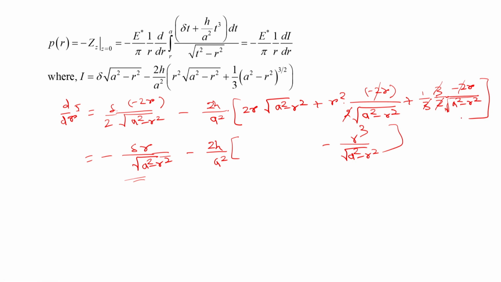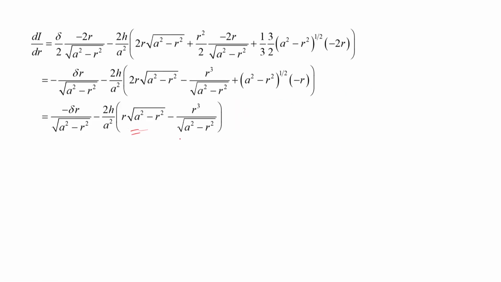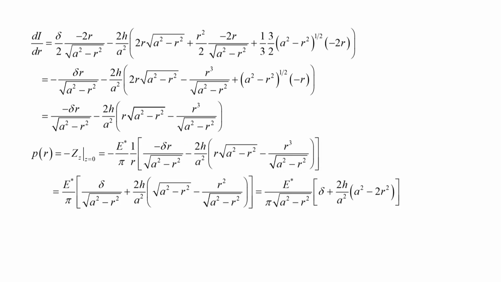So this square root and this square root will multiply, and finally we will get something like this. Then I can write, therefore, divided by 1 by r. So we get p of r is equal to minus E star by pi, and then like this.